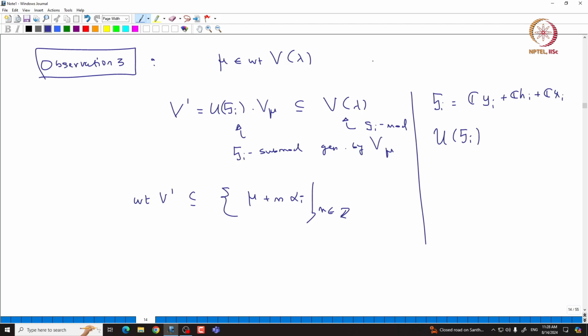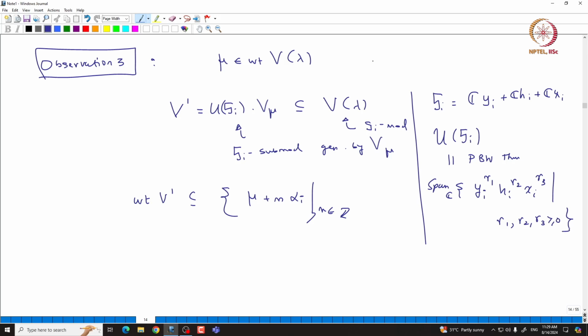Then if you look at U(s_i) using the PBW theorem, we observe that this is indeed the span of y_i^R1, then h_i^R2, and then x_i^R3, where R1, R2, R3 are all non-negative integers.